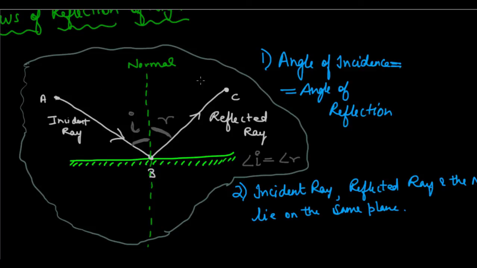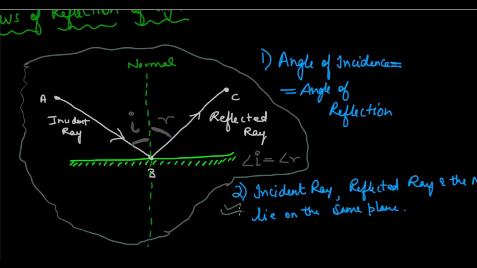So this whole area is one plane surface. All three lines lie on the same plane. The incident ray, reflected ray and the normal all lie on the same plane of the mirror. So that is the second law of reflection.